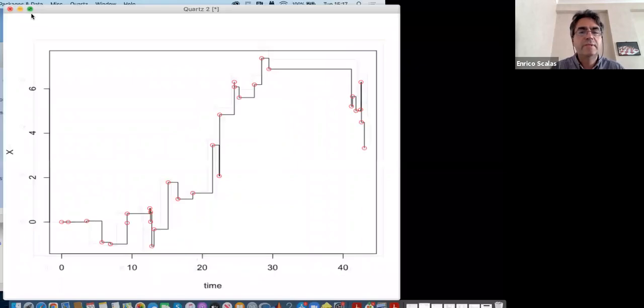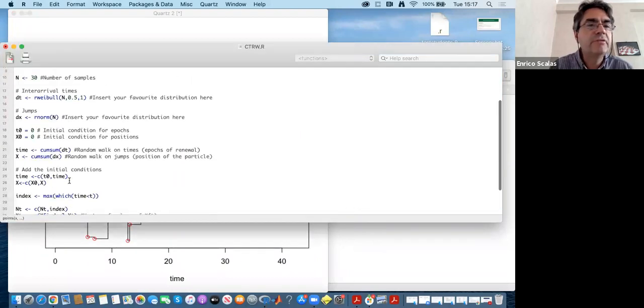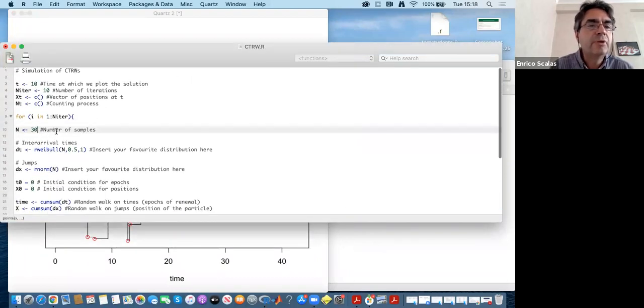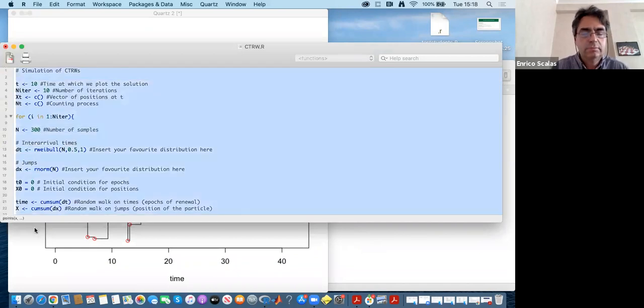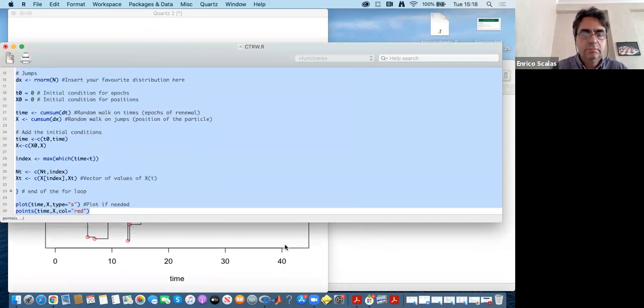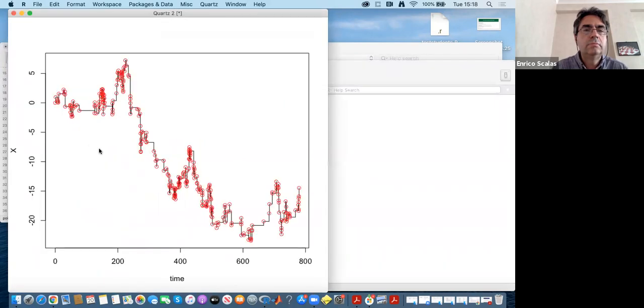You have this nice random walk here. What happens if I increase the number of samples, maybe 300 samples? Look, the behavior is a bit different now.